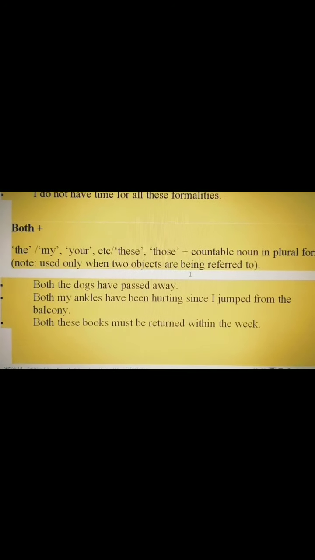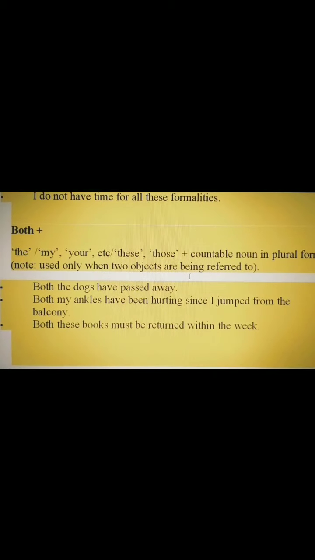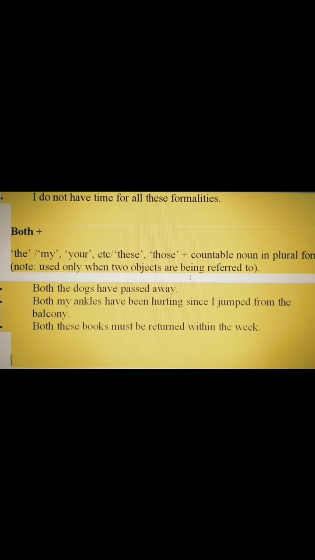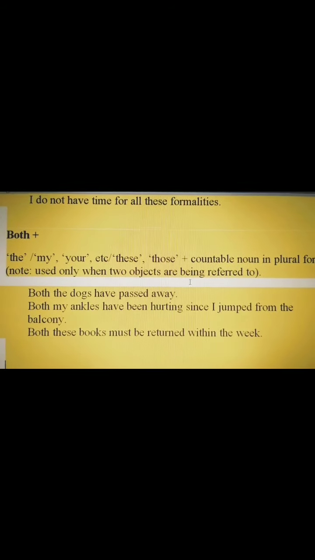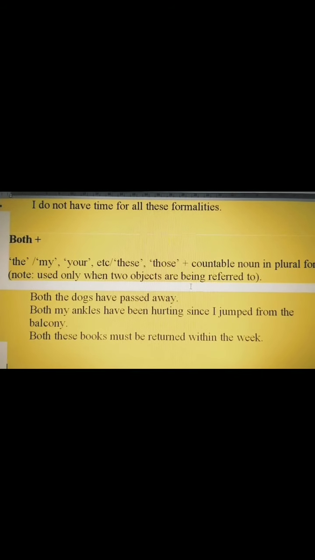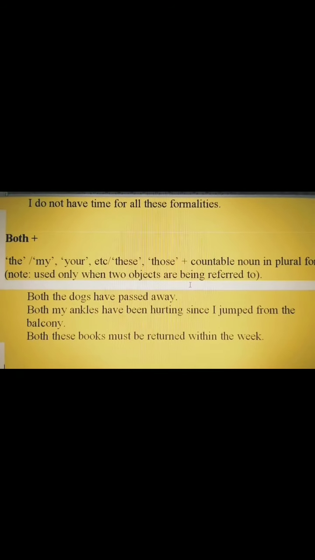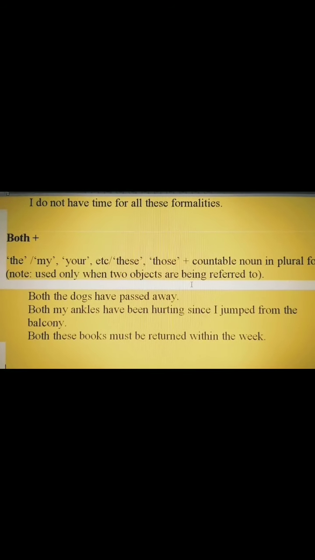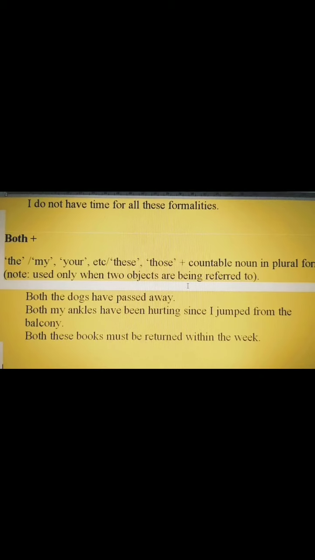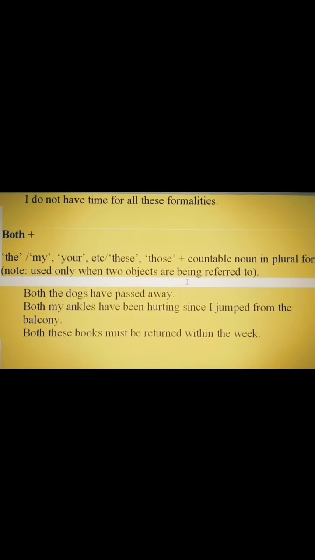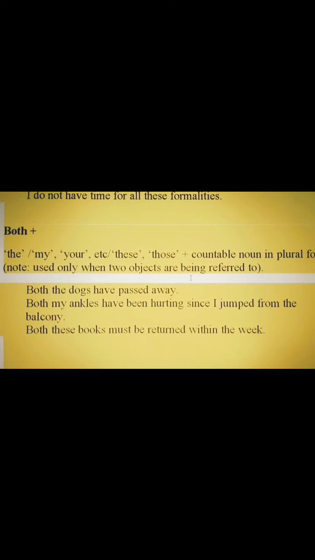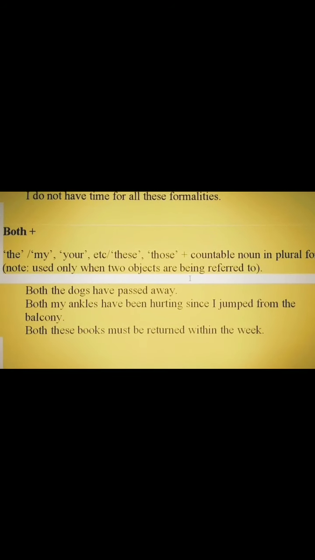Both these books must be returned within the week. So here you can see the both determiner is used when you are going to talk about two objects, and that will be the countable one only, because with all you saw that we talked about both countable as well as uncountable, but both is taken for the countable one only.